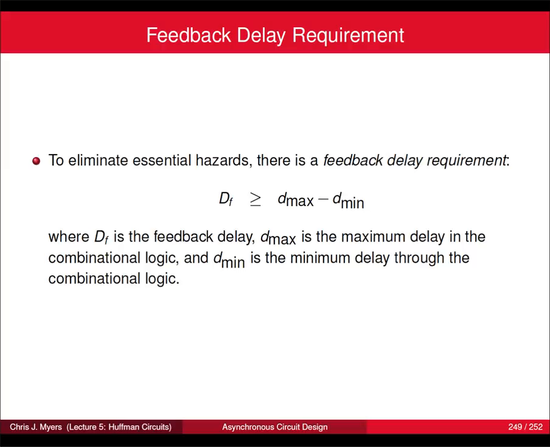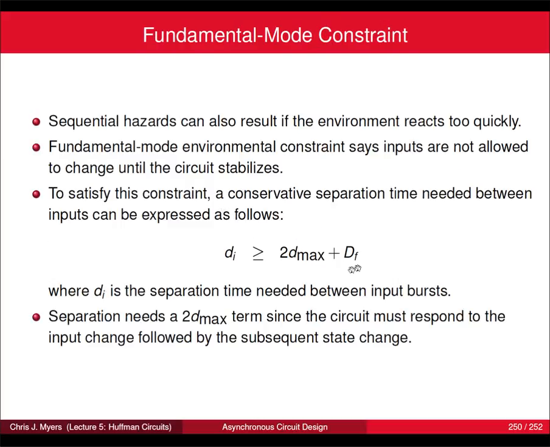And then you take the difference of those two, and that's how much feedback delay you need. And you need to add that to your feedback path to make sure you don't have any essential hazards. Does that make sense? Yes. But you do want to try to make that as small as you can get away with, because it's going to be part of your cycle time, as we see.